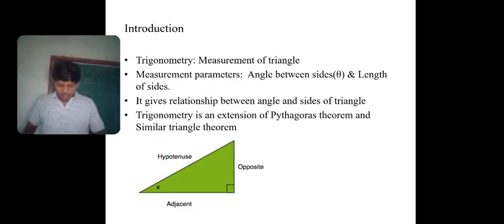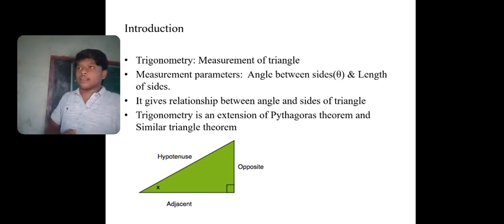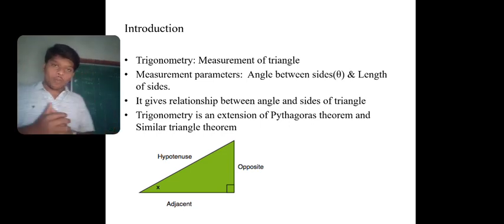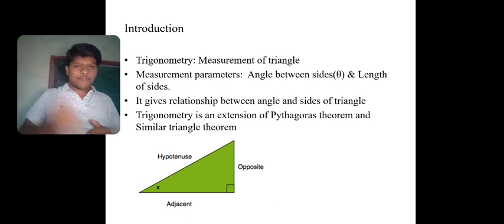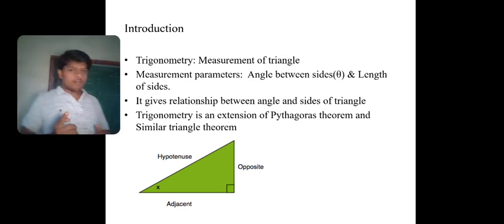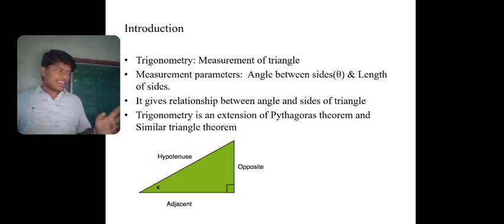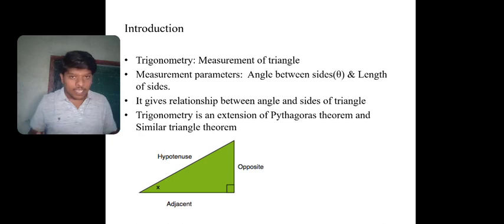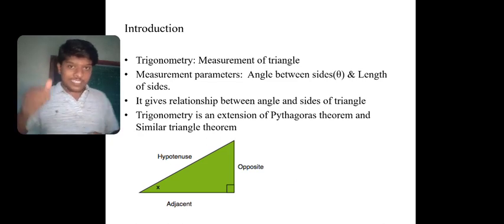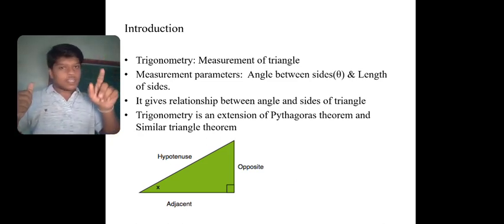See, when you hear the word trigonometry, what are the things coming to your mind? The name itself represents it: trigono means triangle, metry means measurement. It is just a measurement of triangles. Then what are the things there to measure? First one is the sides of the triangle, correct?